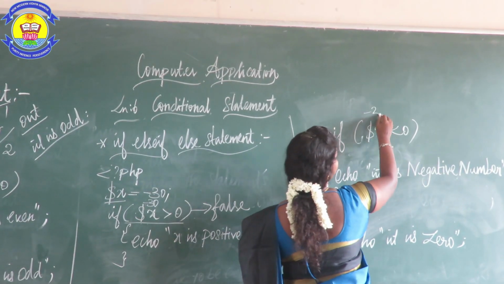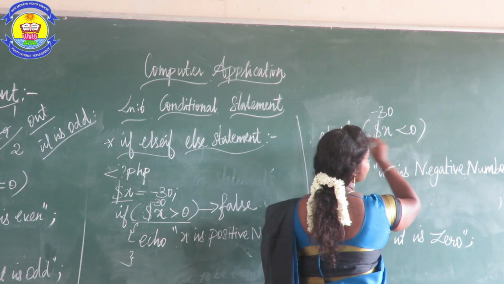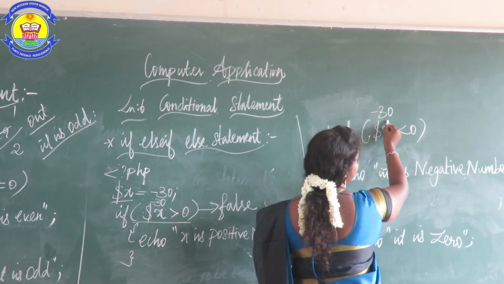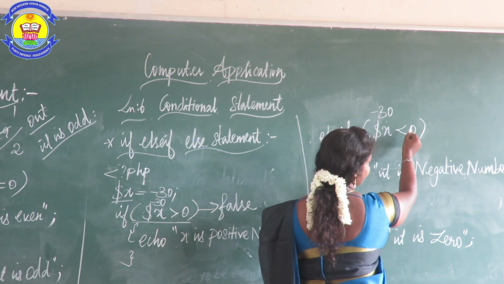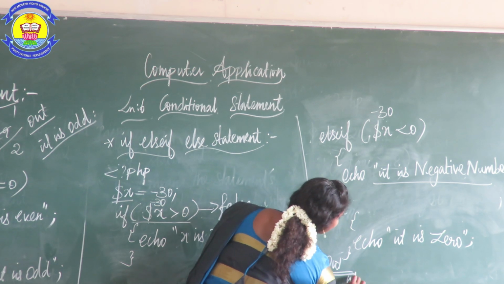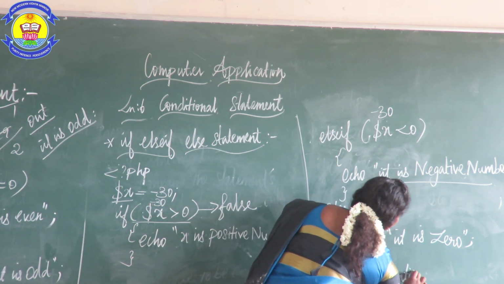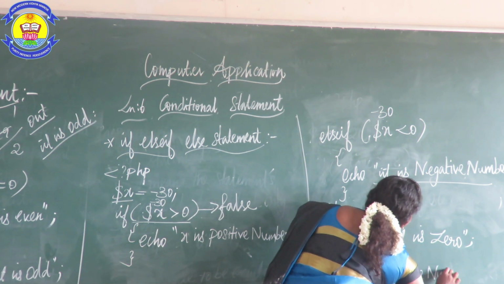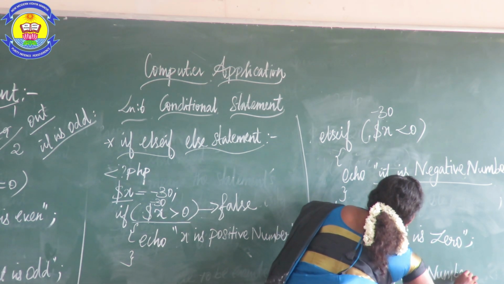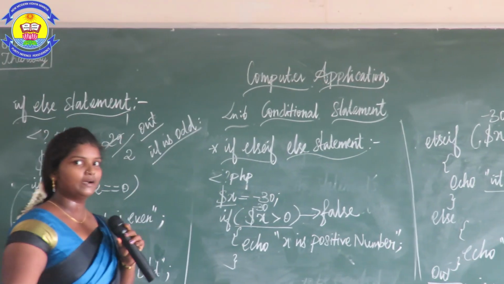Now my value is minus 30, so less than 0 is true because minus 30 is smaller than 0. So the output is "it is negative number". So the third type is also complete.